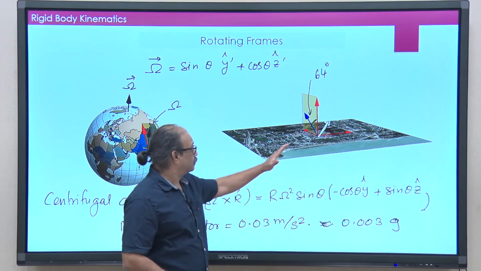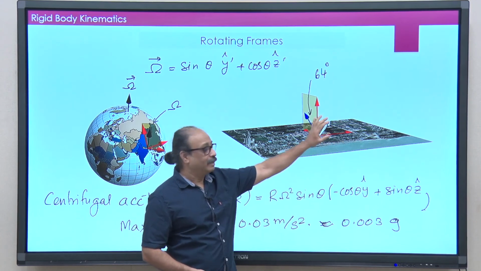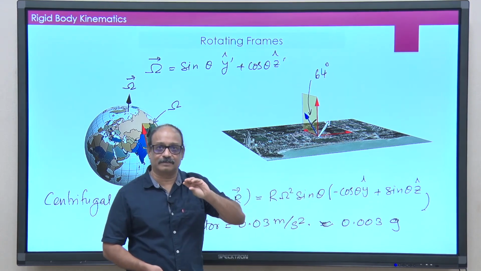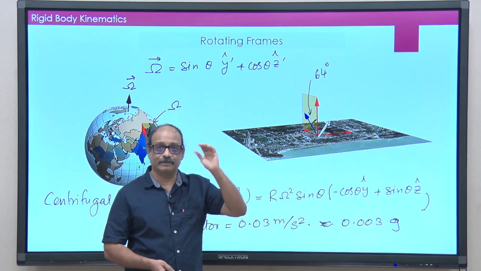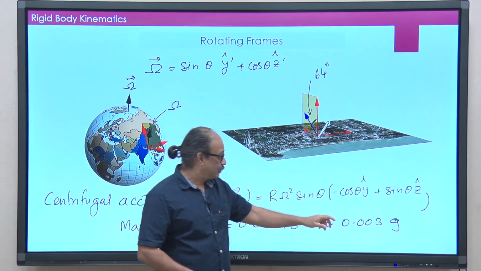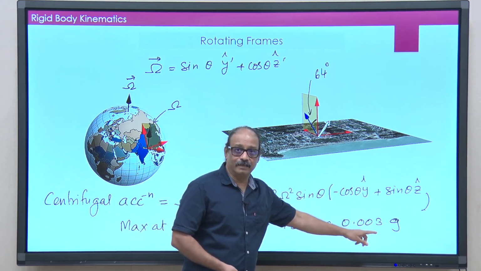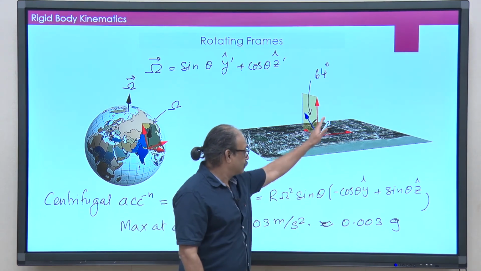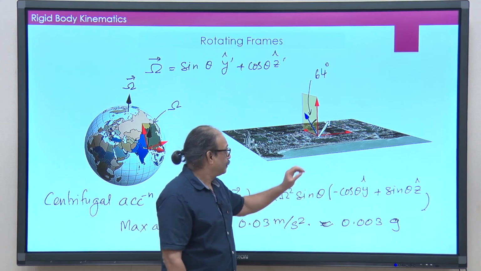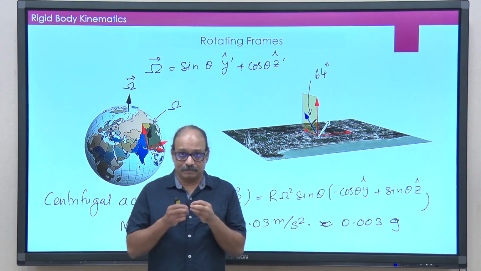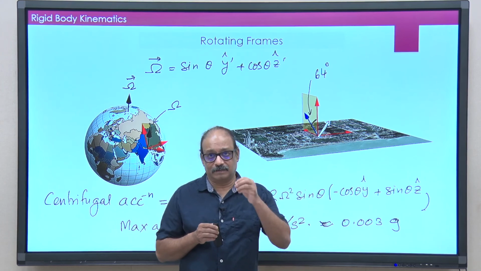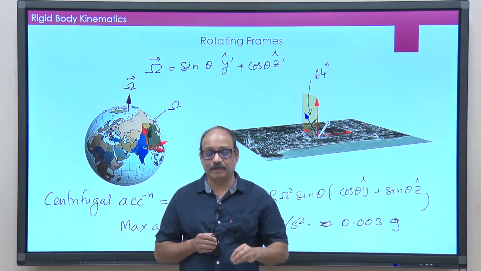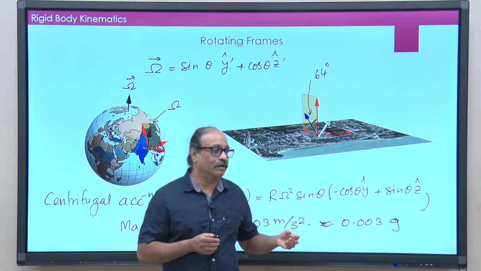So, even though it seems to be pointing in this direction, the magnitude of this vector is really small. Compared to that, the vector g is roughly 300 times larger. Really speaking, the small change in the effective gravity you will not even notice.